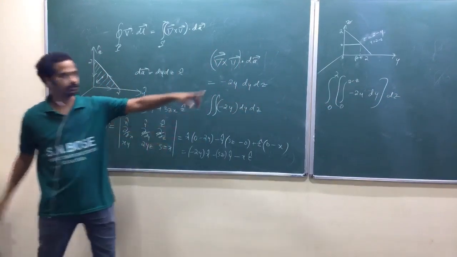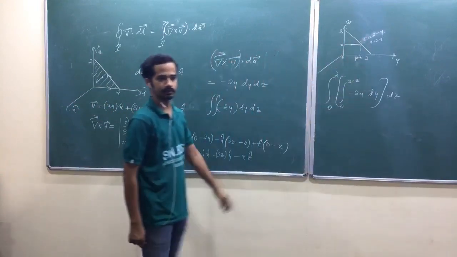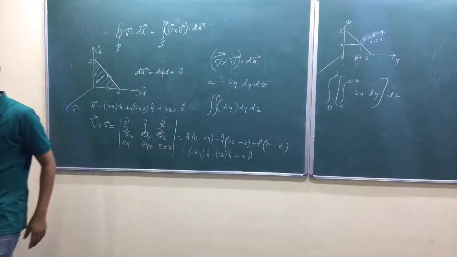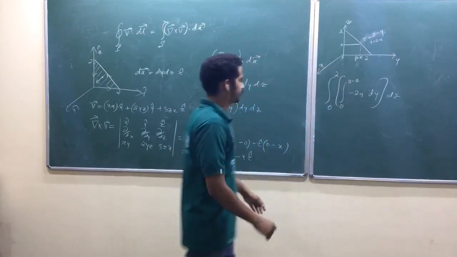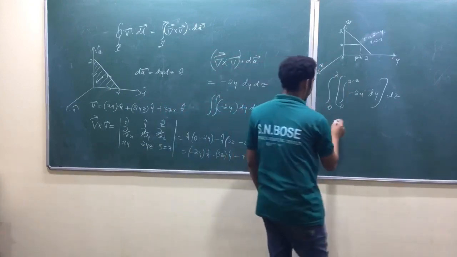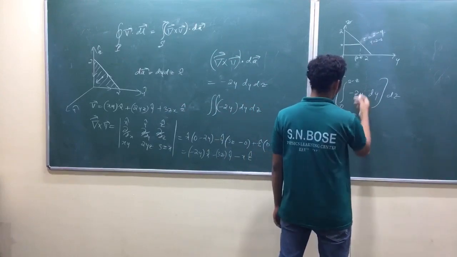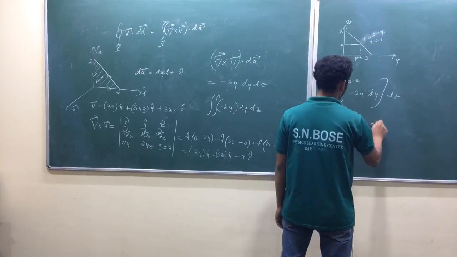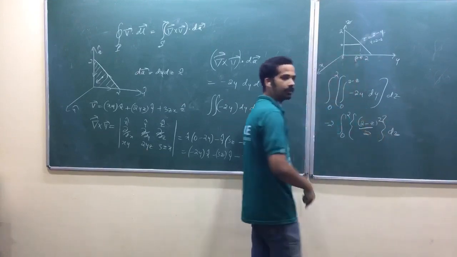You better draw that one, otherwise you will not get a clear picture of what we are doing geometrically. This is the x-axis, am I right? Now look here, what would happen? Minus 2 obviously outside, 0 to 2. So y square by 2, that means 2 minus z the whole square by 2 dz. Again, that variable will be there.